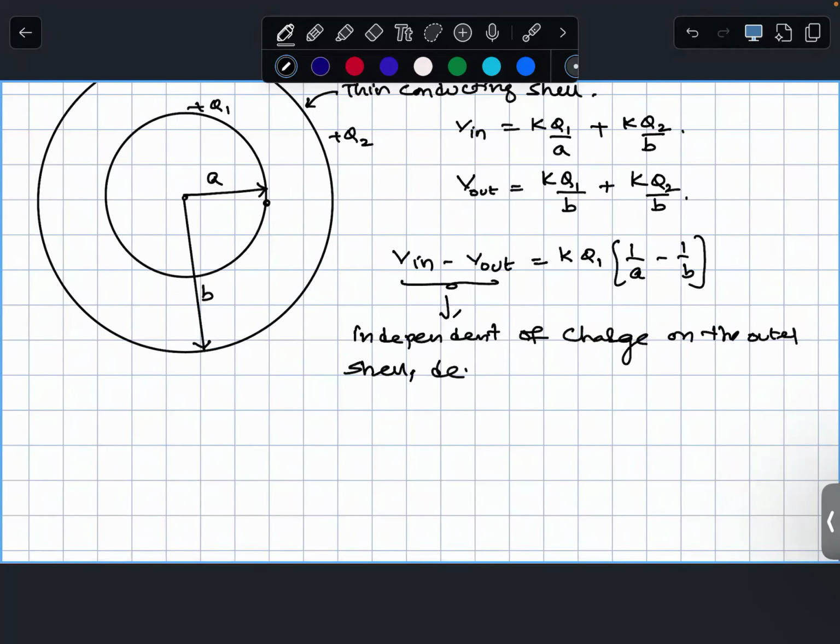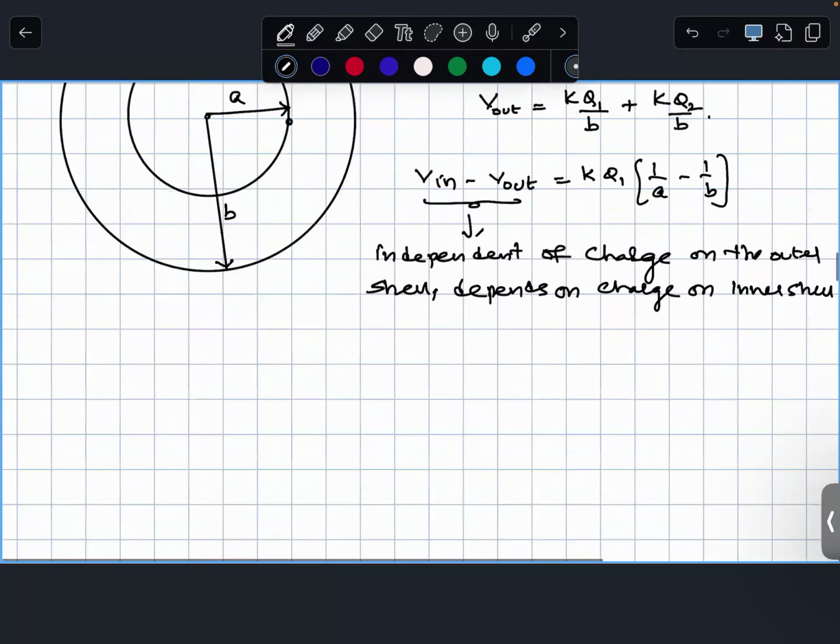Depends only on the inner shell. But in this arrangement, what is the charge distribution?